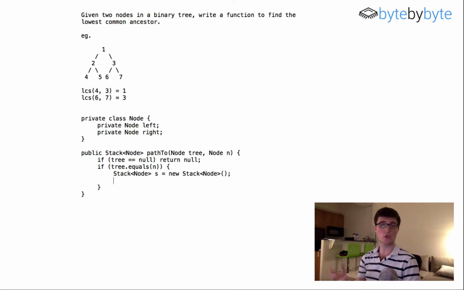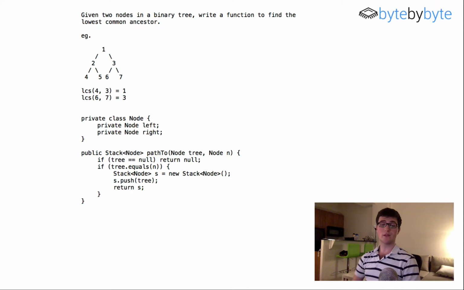And then I'm just going to push on n, or I'm going to push on tree or n. It actually doesn't matter because they're equal in this case, right? And then I'm going to return the stack. So I'm going to do s.push tree and return s. Okay, so those are our two base cases, and now we need to look at the other possibilities.